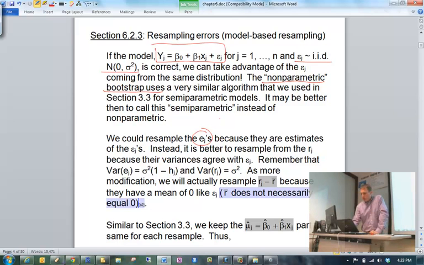So what we could do is resample the e sub j's. Simply take y sub j minus beta hat 0 plus beta hat 1 times x sub j. We could resample those. But instead we're going to resample, as I alluded to earlier, these r sub j's. The reason is that their variances agree with epsilons.